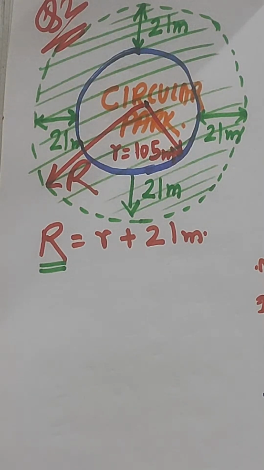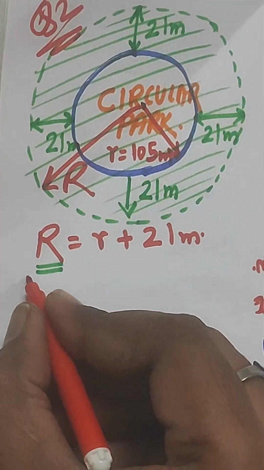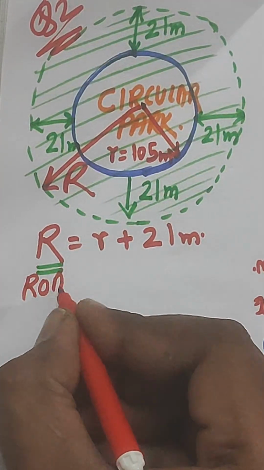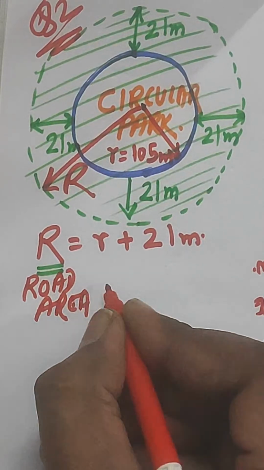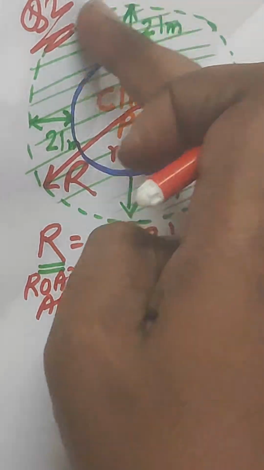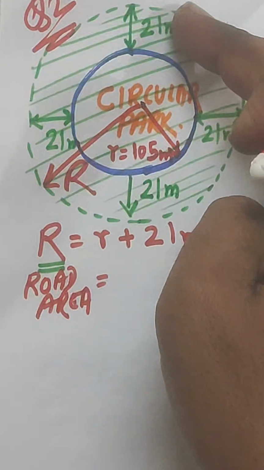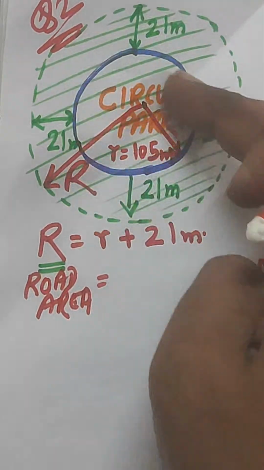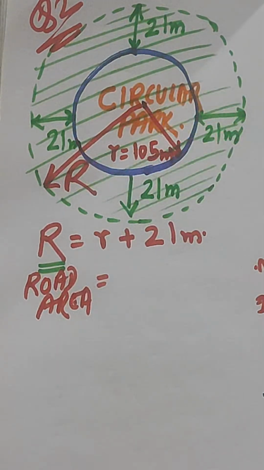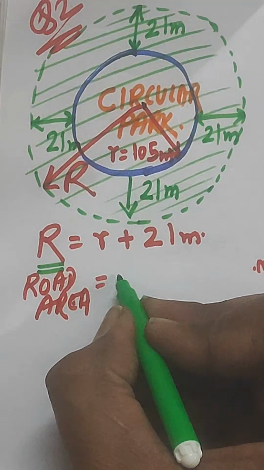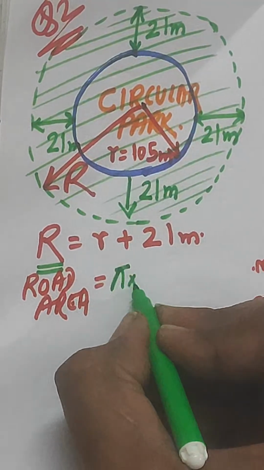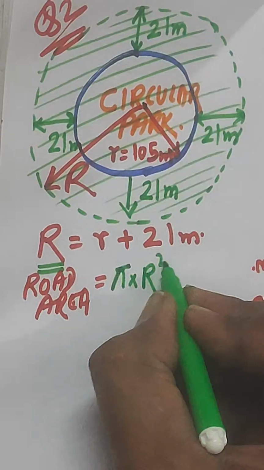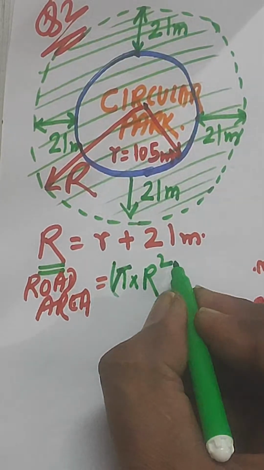We need to find the area of the road. So road area can be calculated by taking the area of the bigger circle minus the area of the smaller circle, right? What is the area of the bigger circle? That is pi into capital R whole square, because area of circle is pi r square.